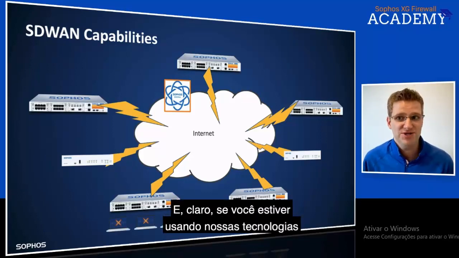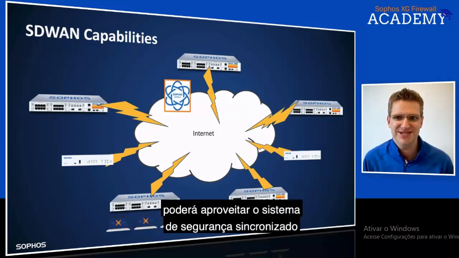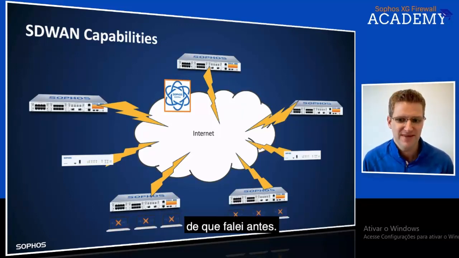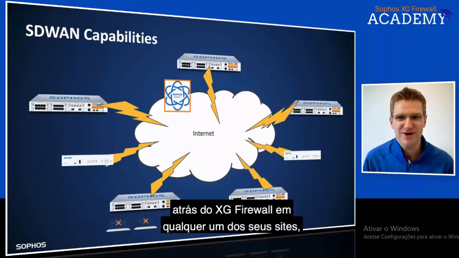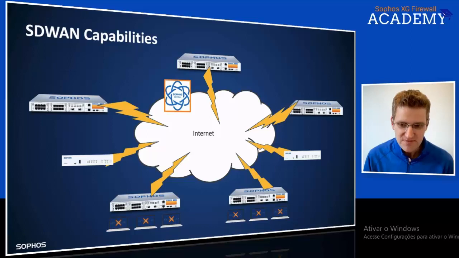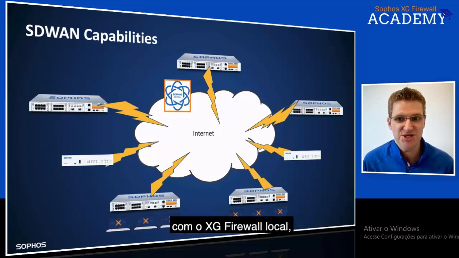And of course, if you are using our endpoint technologies in tandem with the XG Firewall, you are able to leverage that synchronized security system I was talking about earlier. And what that means is that any endpoints that are sat behind the XG Firewall at any of your sites, they will be sharing their health status with their local XG Firewall.